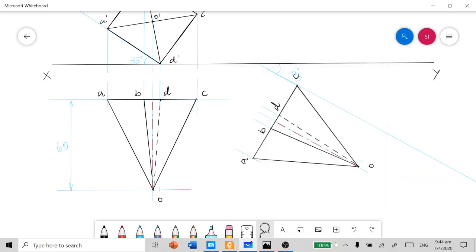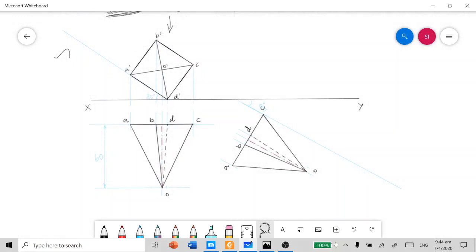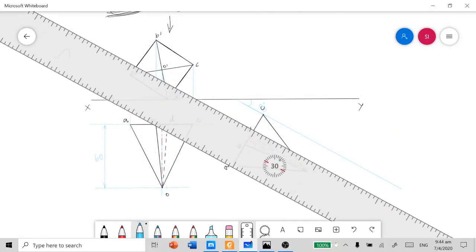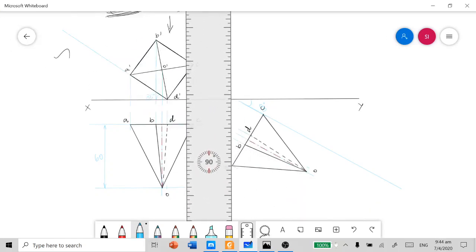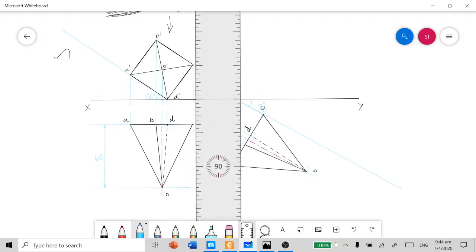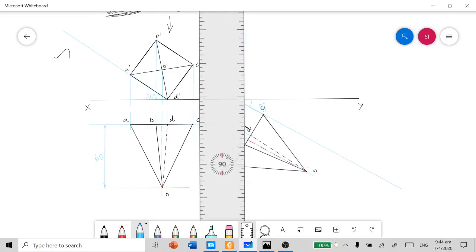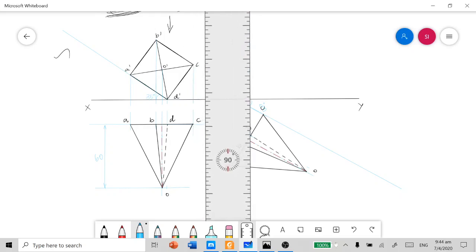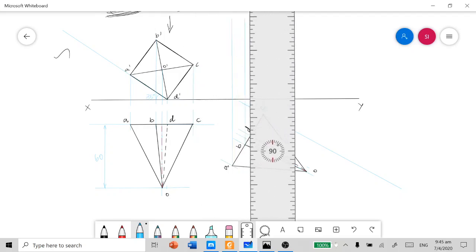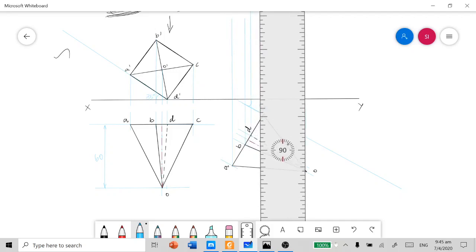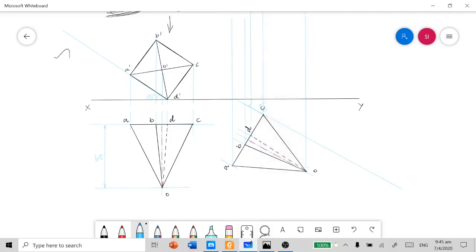Now I need to project each and every corner from the current top view, and from the previous front view.